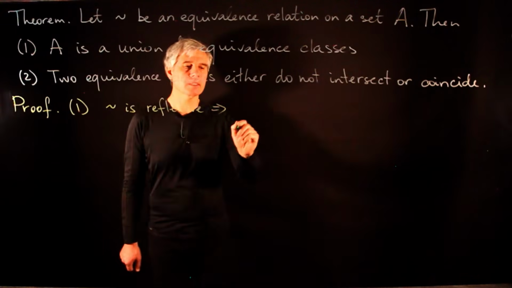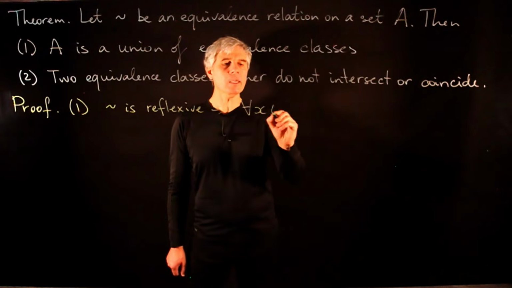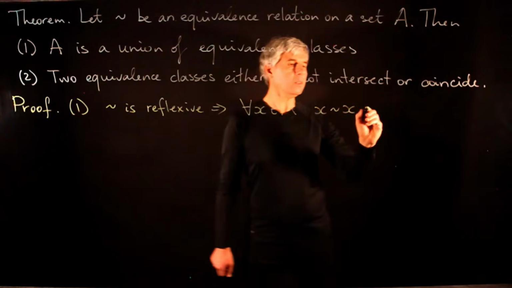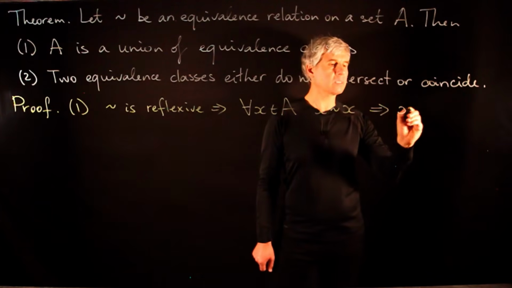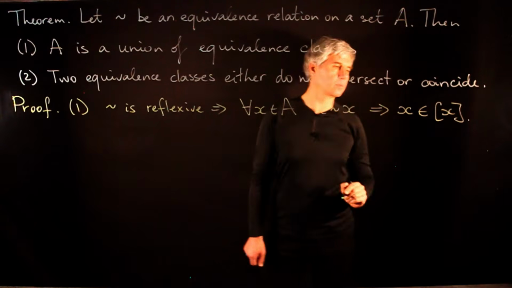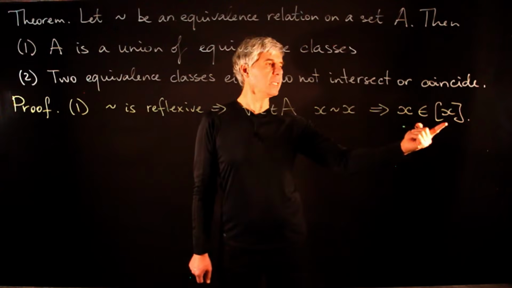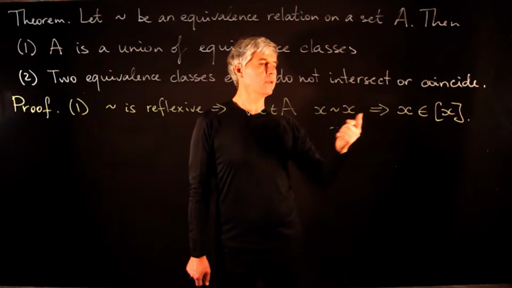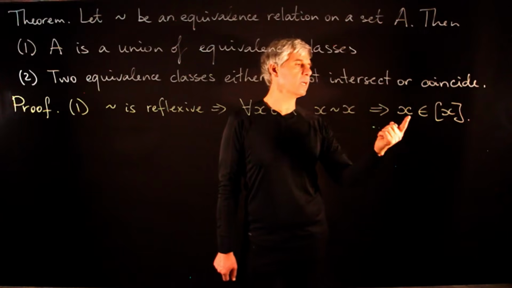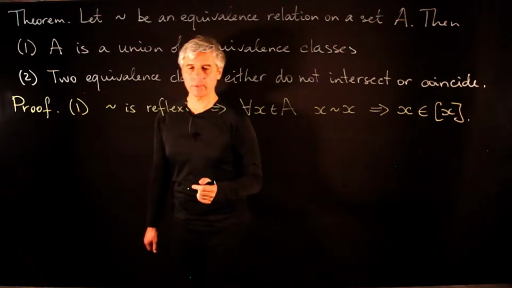So this tells us that for every x in A, x is equivalent to x. But then this implies that x belongs to its own equivalence class, because the equivalence class of x is the set of all y that are equivalent to x. But since x is equivalent to x, we get that x is in this equivalence class.